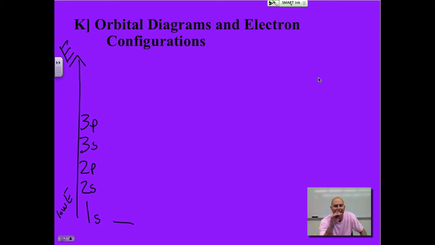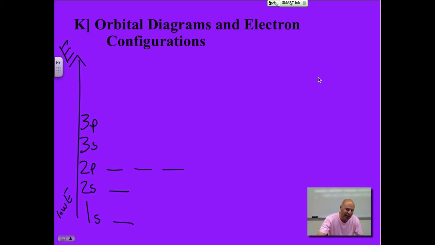And again, as I keep going through, the 2s, how many orbitals in the 2s? Well, notice the emphasis, it's a 2s. So there's only one orbital. The 2p, notice the emphasis again on the p. Because it's the 2p, there are 3 orbitals. All p's have 3 orbitals.